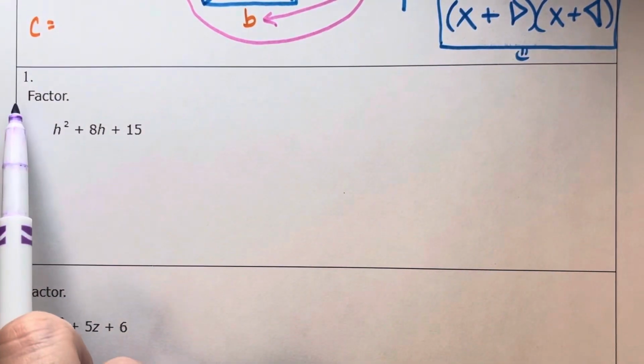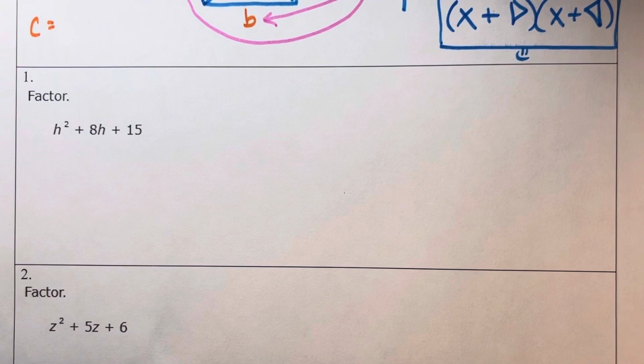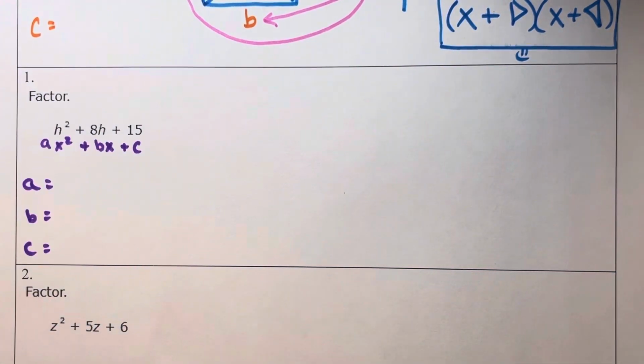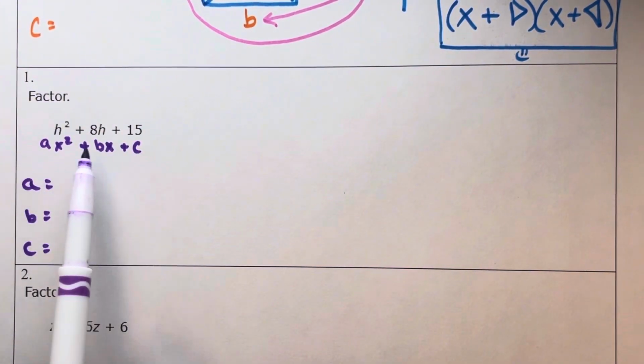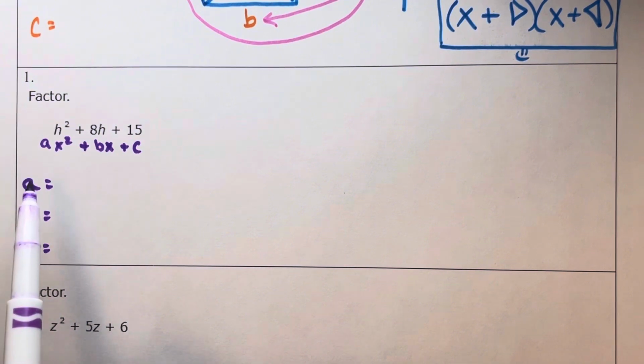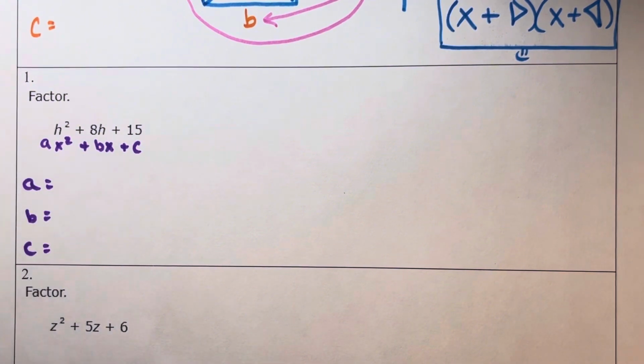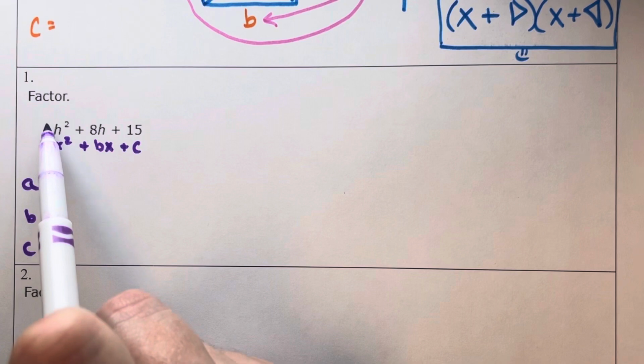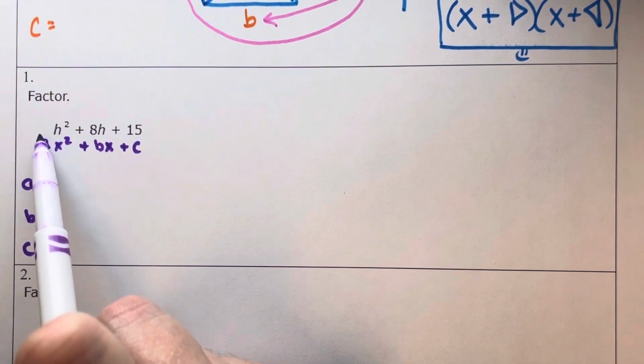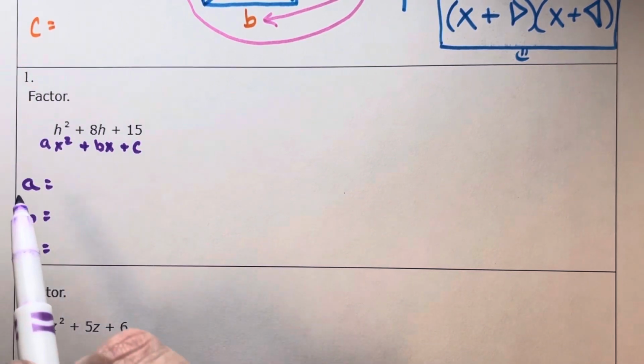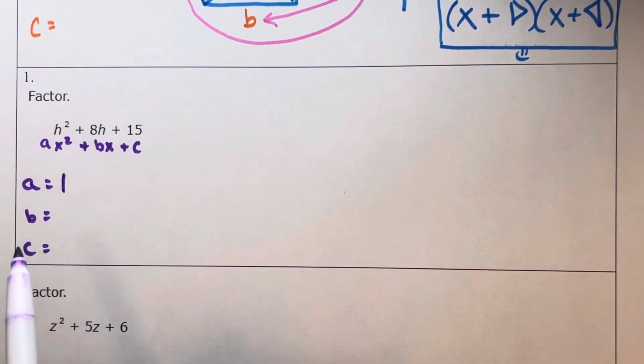Here in example 1, we're going to factor our first trinomial of this lesson. Using our standard quadratic function, we have to determine our A, B, and C numbers. There's no visible coefficient in front of your H squared, so we know A has a value of 1.